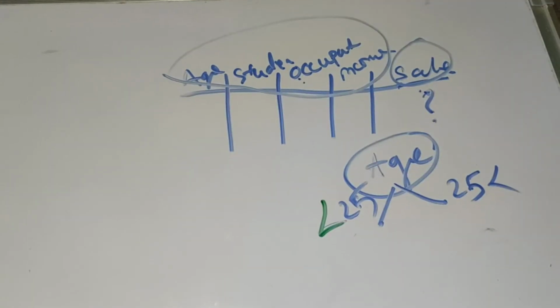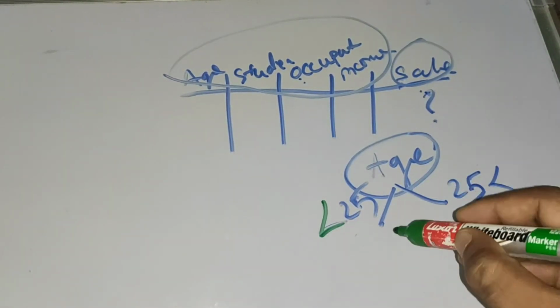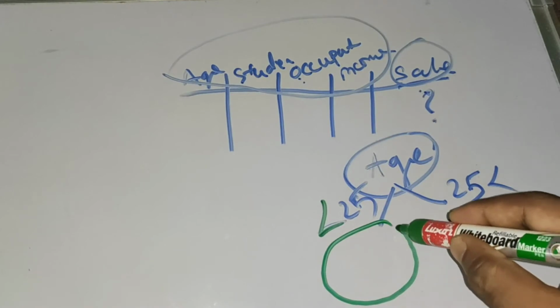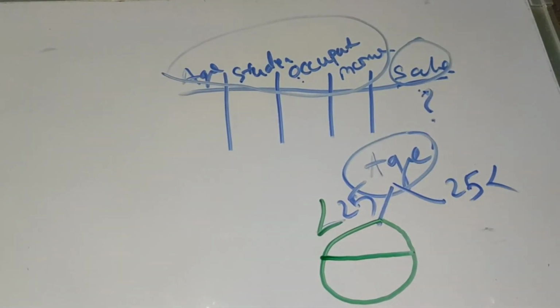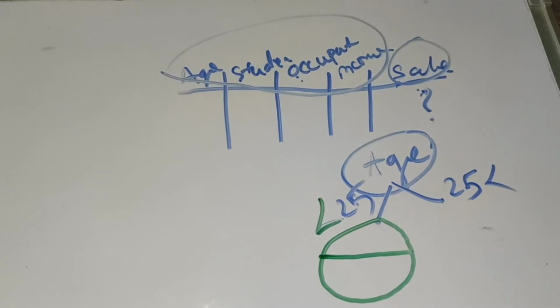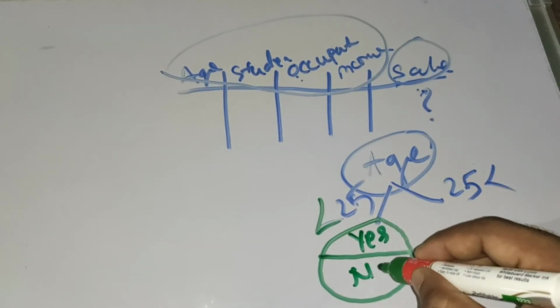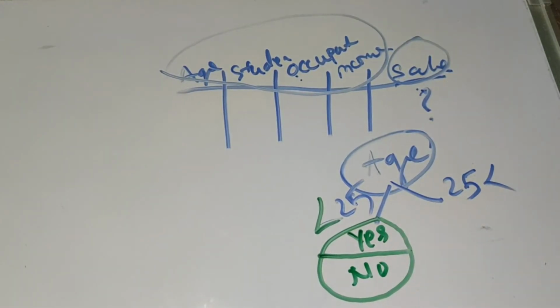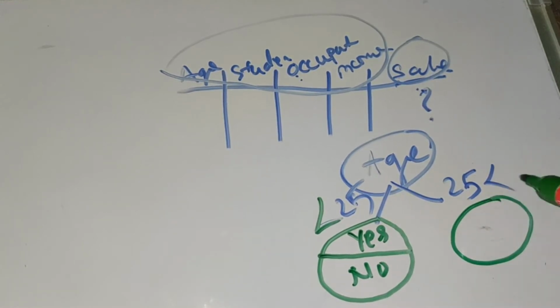After splitting on age, we found the subsets. In each subset, it has to be checked how many target values are present, and out of those, how many yes and how many no are present. In this way the subset is also divided.